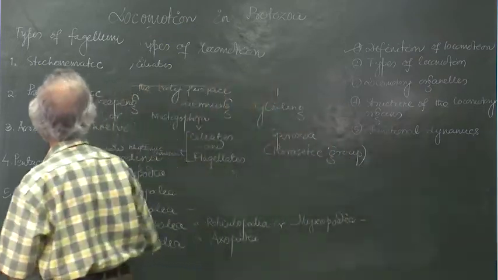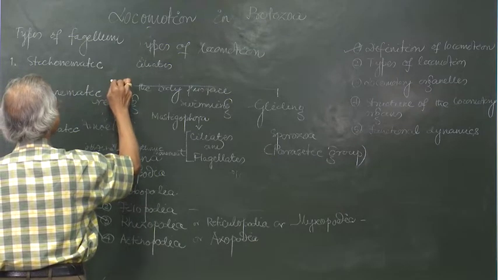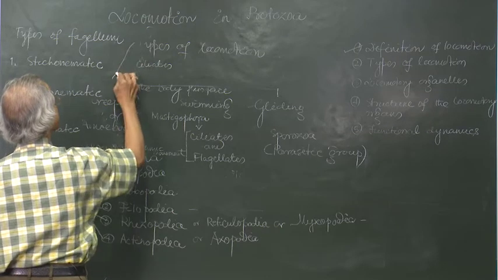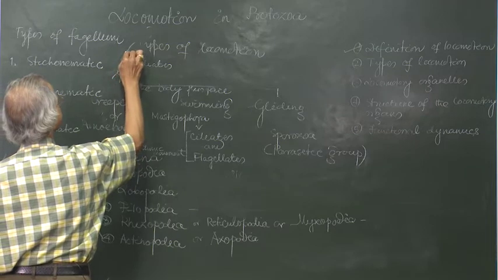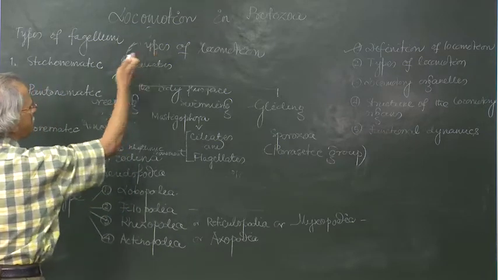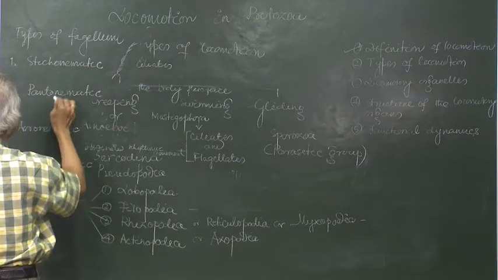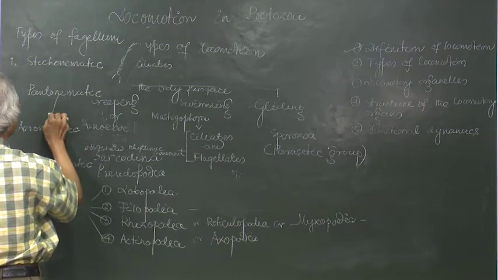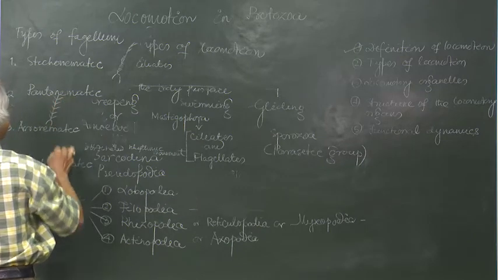When we talk of the stichonematic, you will find the structure is like this. So, this is stichonematic. On one side of the body you find this thread like structure. In pantonematic you will find it like this.